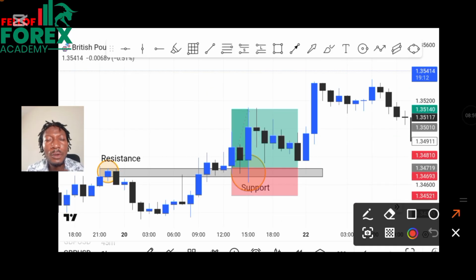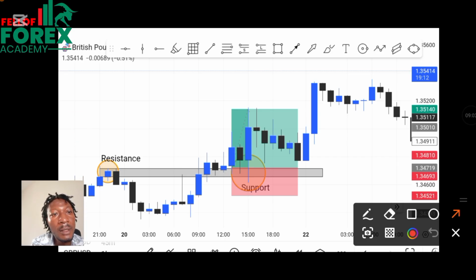So look closely at the support zone. Okay, when price got to this support zone, what do you see? Rejections. You see candlesticks creating wicks around that zone, telling you the market is finding it difficult to actually break through and close below, right?